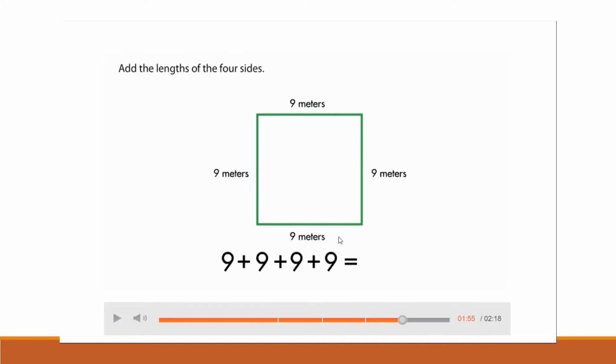Then add another 9 and add another 9. Or you can skip count by 9s. Hopefully you can also recognize that repeated addition can be solved using multiplication. So if you're keeping up with your multiplication basic facts, you can do 9 times 4. The perimeter of this swimming pool is 36 meters.